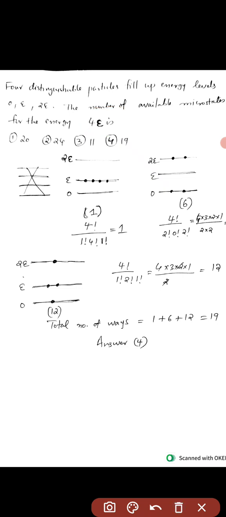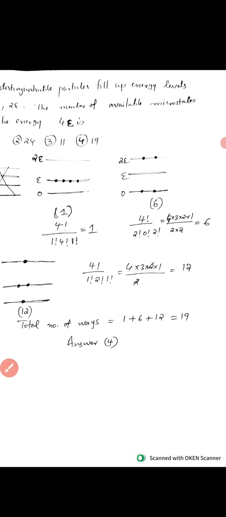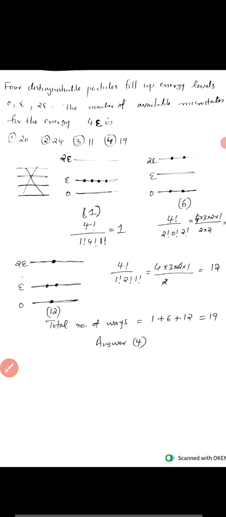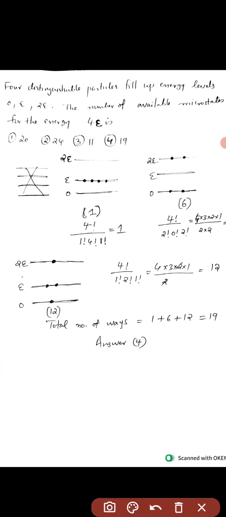And the total number of microstates, the total number of ways, is given by 1 plus 6 plus 12: 1 for the first configuration, 6 for the second configuration, and 12 for the third configuration. And the total number is given by 19. So your answer is false.